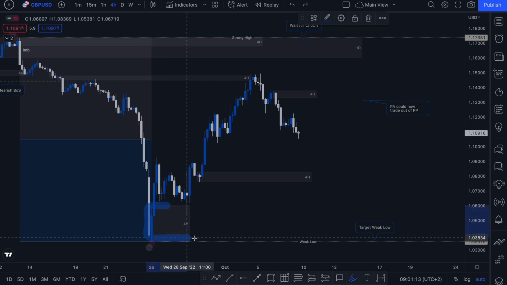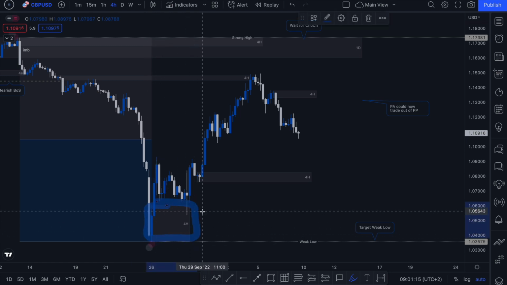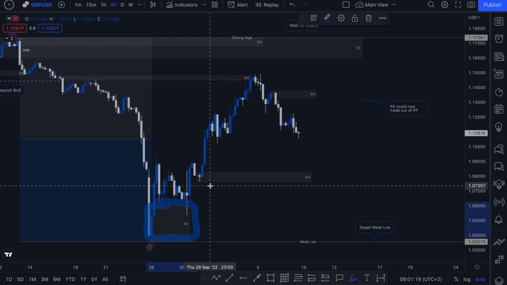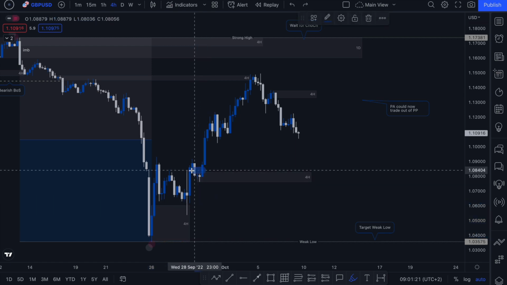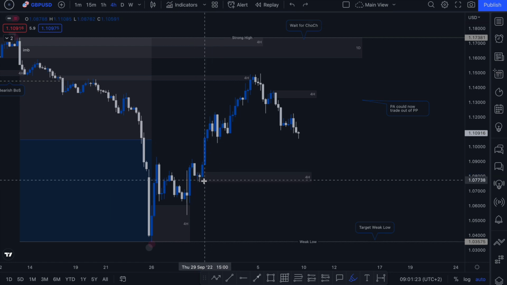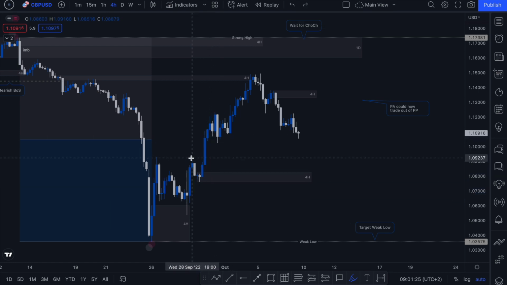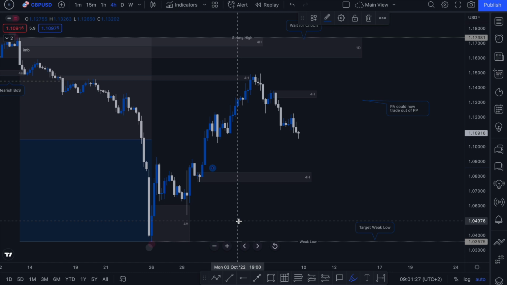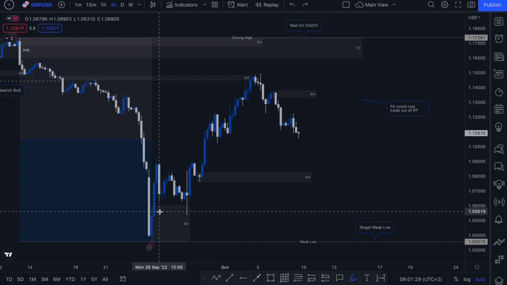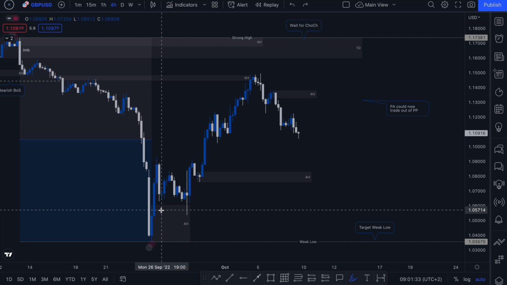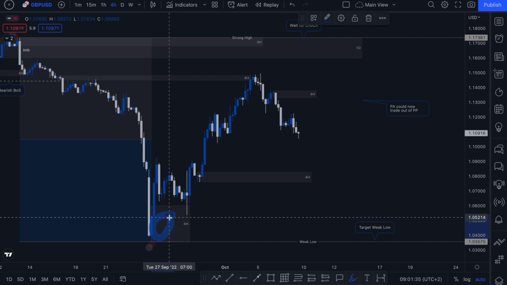Identifying this as a 4-hour demand zone is a little bit more advanced. It definitely isn't something as obvious as this 4-hour demand zone, where you have a bullish engulfing candle, where you have a break of structure, and where you have your imbalance, all right? This is just something that the more you trade SMC, the better you'll get at identifying zones like this, right?